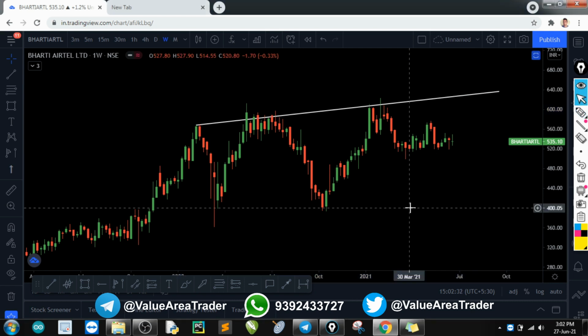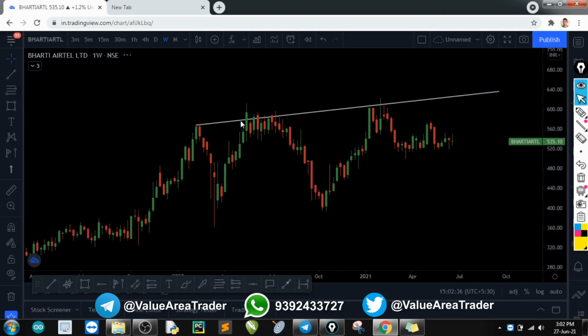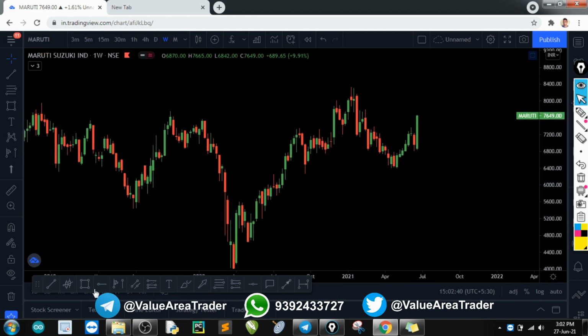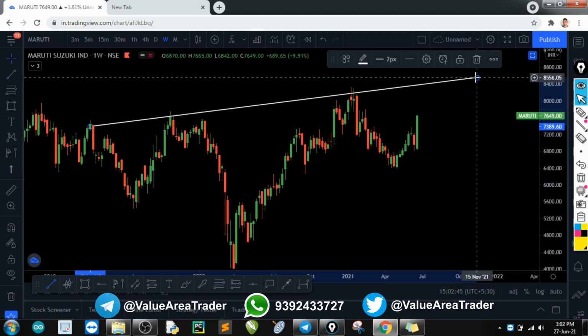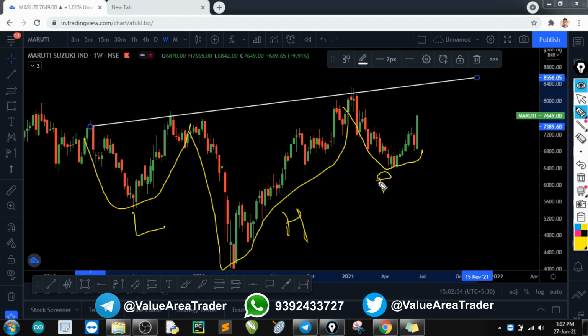Okay. Now, what else? Maruti. Yes, Maruti is one stock in which right now I'm invested, and I did enter where I'll tell you. This is the inverted head and shoulders for me. This was the left shoulder. This is the head, and this was the right shoulder.